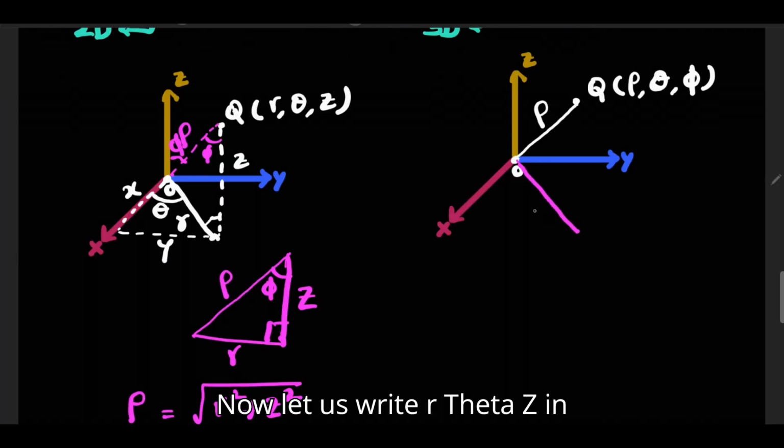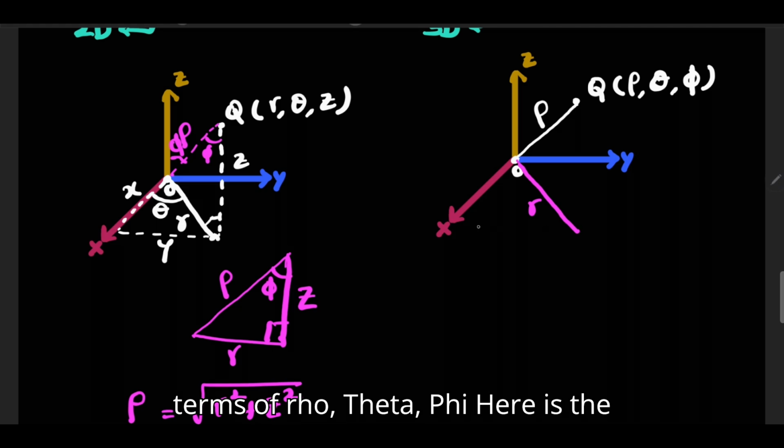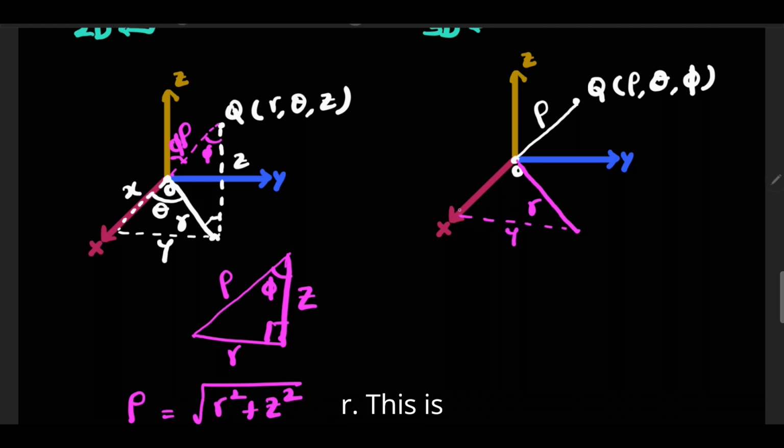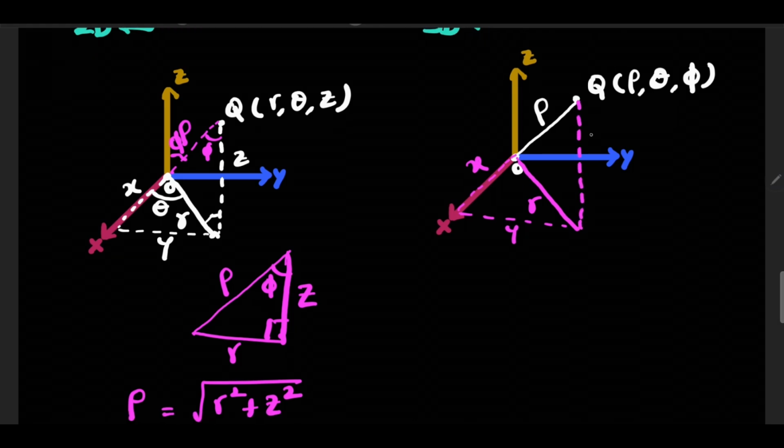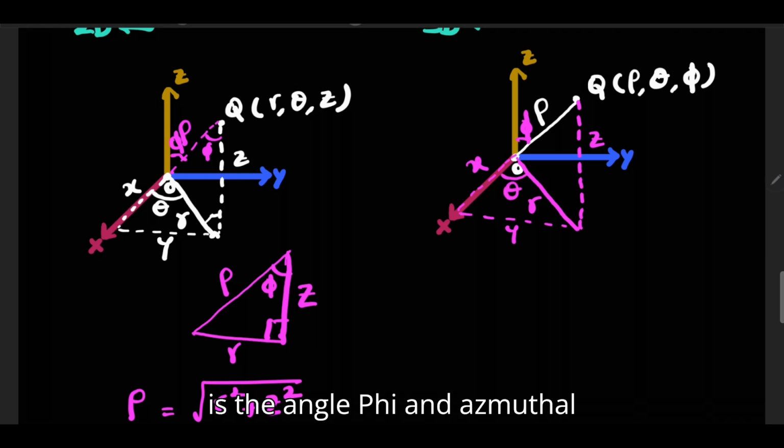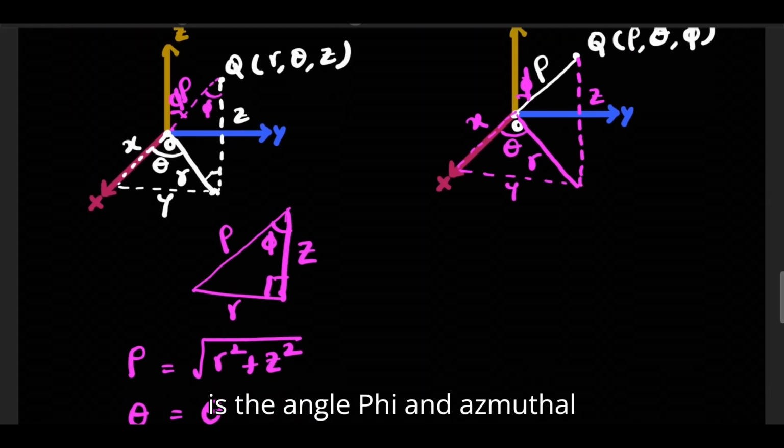Now let us write r, theta, z in terms of rho, theta, phi. Here is the r, this is x and y, this is z, here is the angle phi and the azimuthal angle theta.